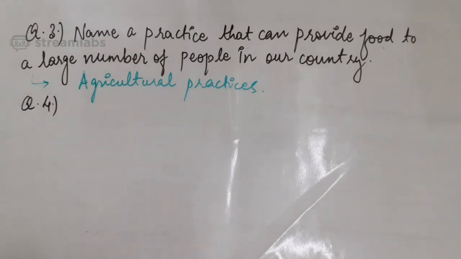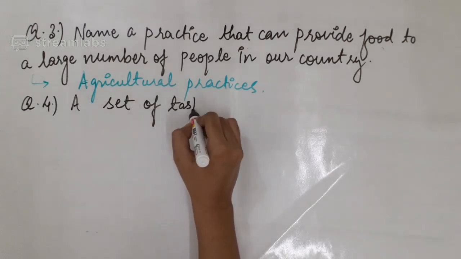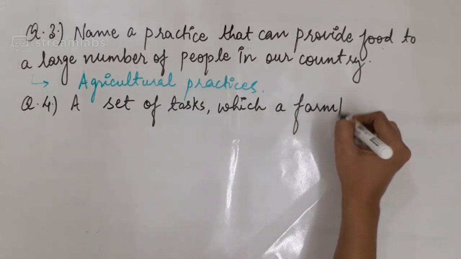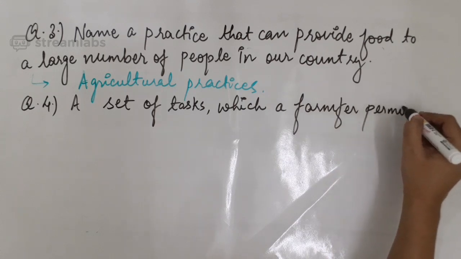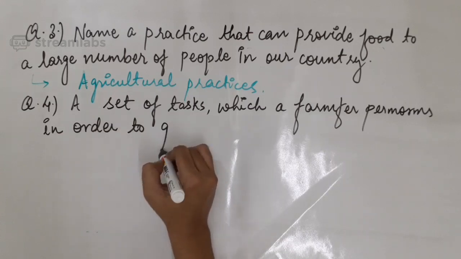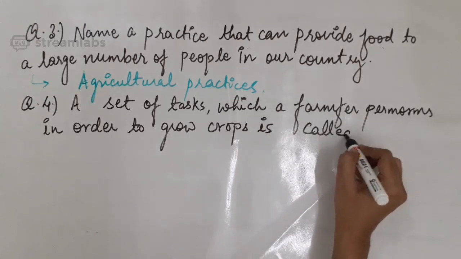Question number 4. A set of tasks which a farmer performs in order to grow crops is called as.